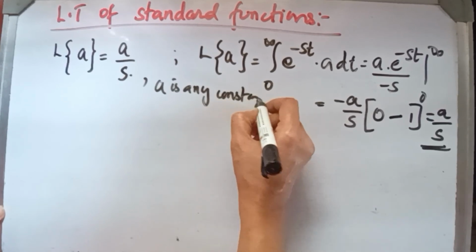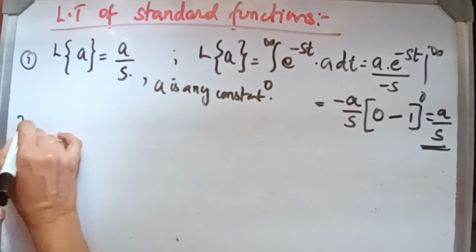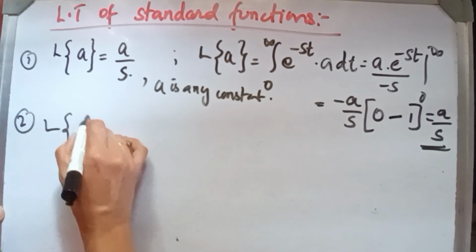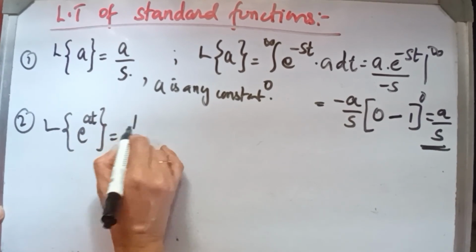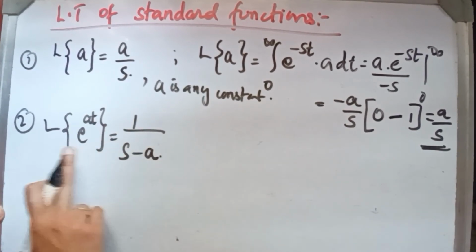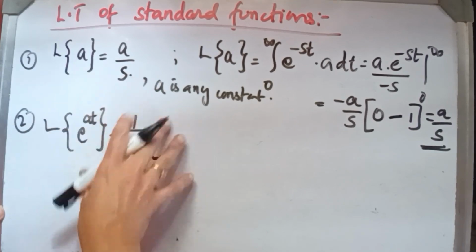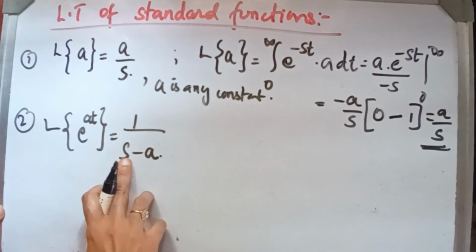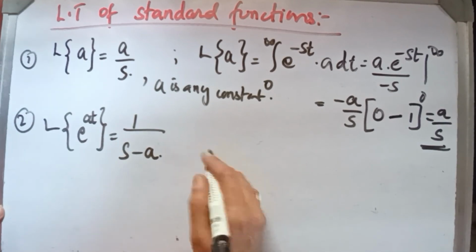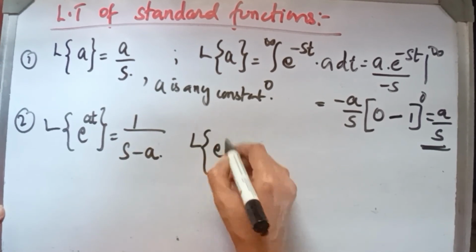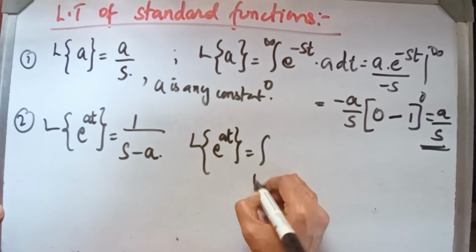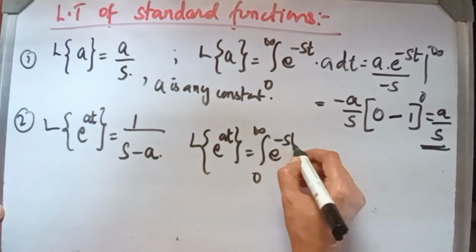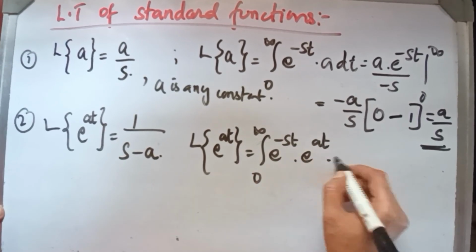Next, Laplace transform of e to the power at is 1 by s minus a. This is a function in the t domain. After taking the transform, it gives you a function in the s domain as 1 by s minus a. So here also you have to apply the definition, which is 0 to infinity e power minus st into e power at into dt.